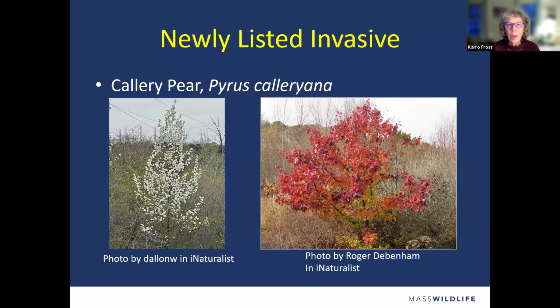And this one actually, as I said, MDAR is holding a hearing on this one as well, because its rootstock is the primary rootstock that is resistant to the fire blight that is taking out, and still is, that was taking out pear trees back in the early 1900s.